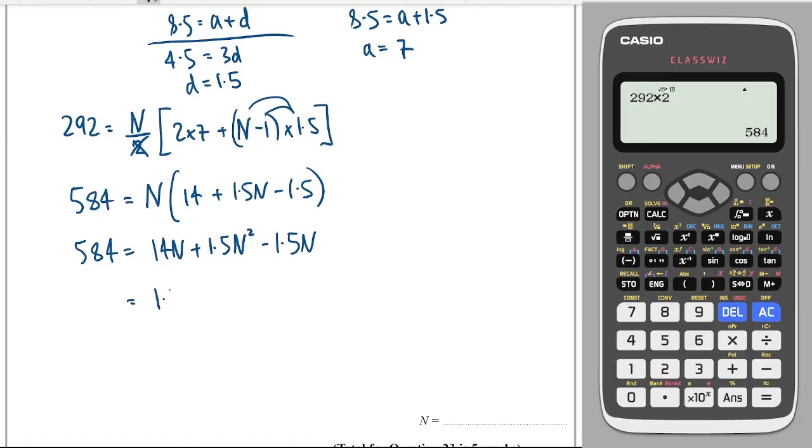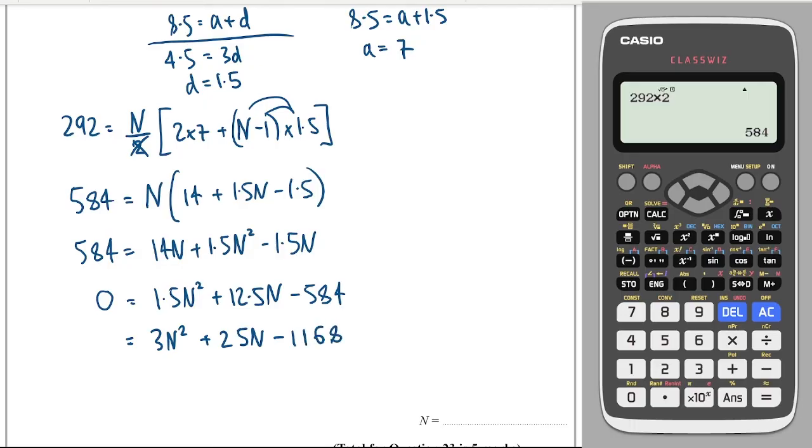And then writing it all on one side, that's going to give me plus 12.5n, and that's going to give me minus 584. And then I'm going to times both sides by 2 in order to get rid of these decimals, because this is all equal to 0 now. So I can times both sides by 2, and I get 3n squared plus 25n minus 1,168 equals 0.